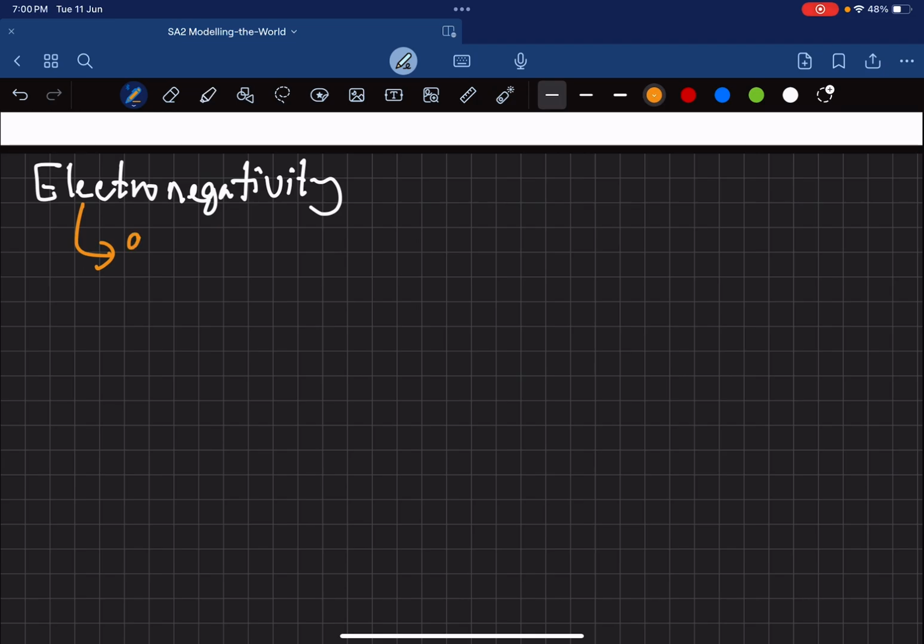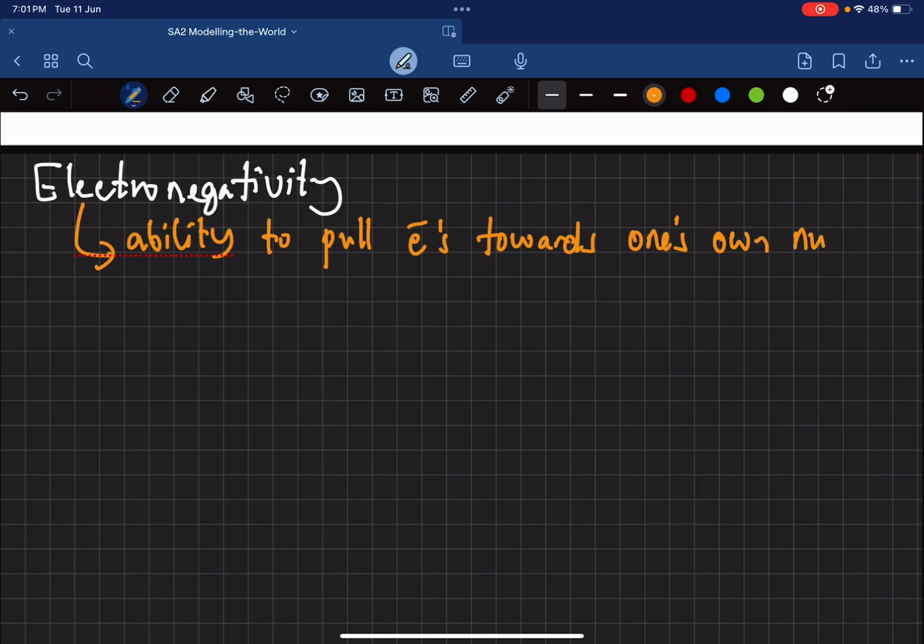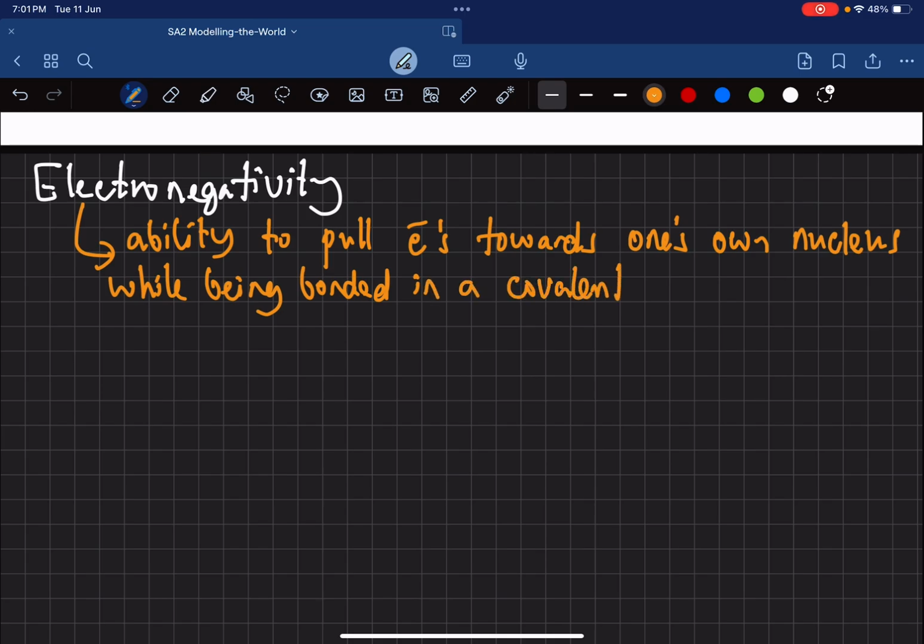Electronegativity is the ability to pull electrons towards one's own nucleus while being bonded in a covalent bond.